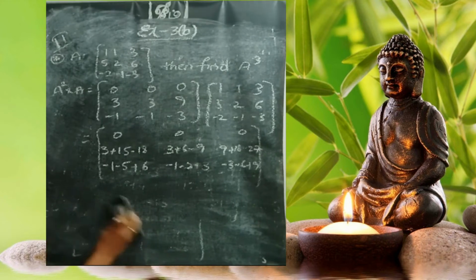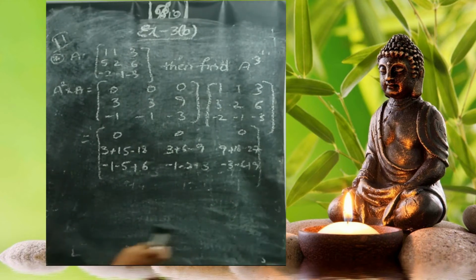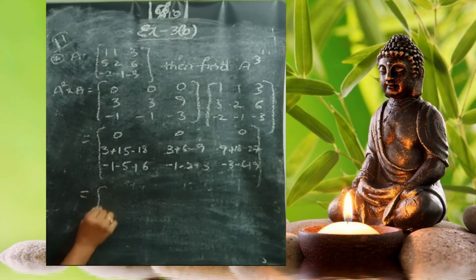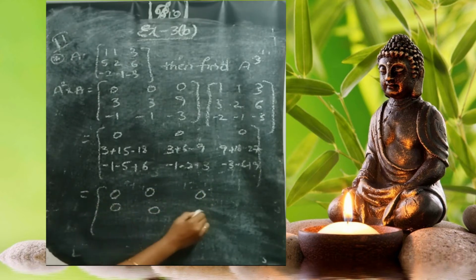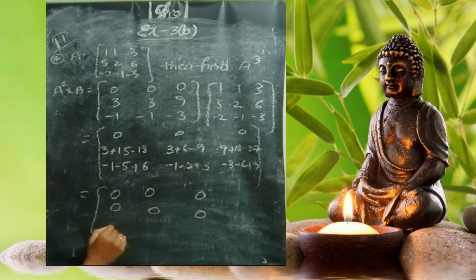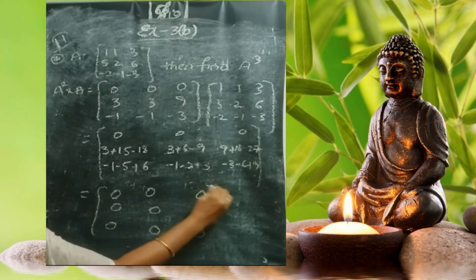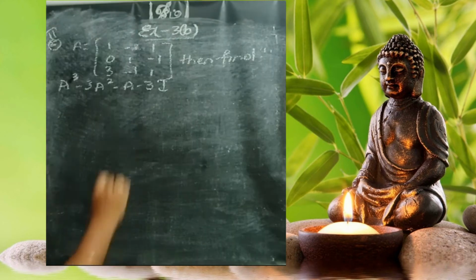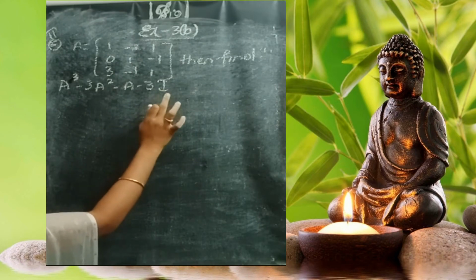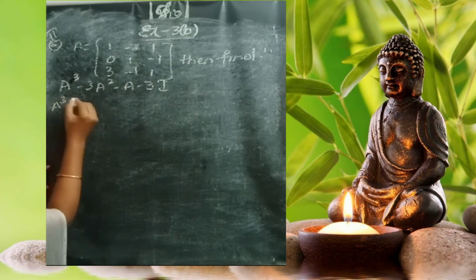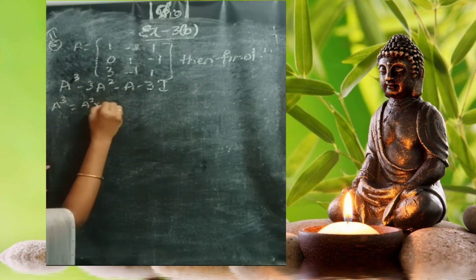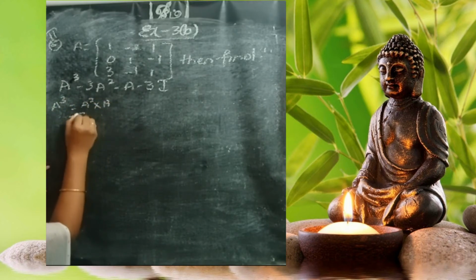Right? Okay. You will get all zeros. That's it. They have given I as the unit matrix for order 3. First we have to find A cube. A cube means A square into A. First we have to find A square.